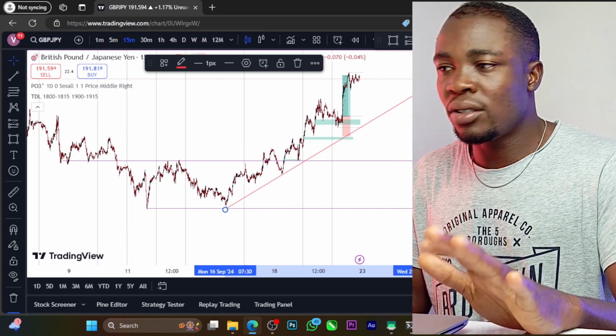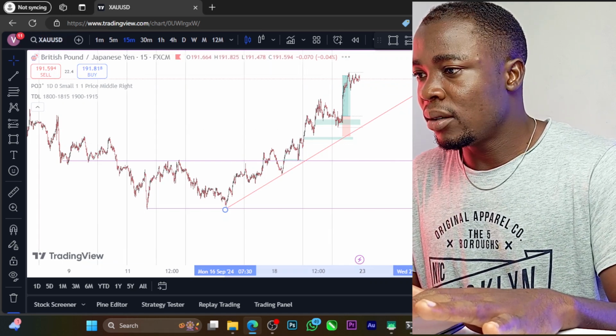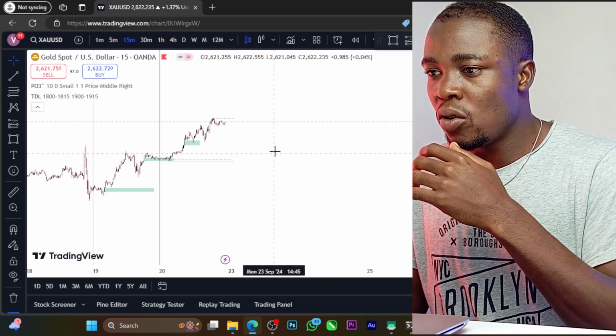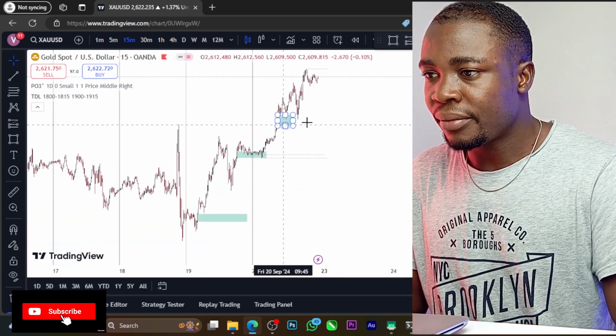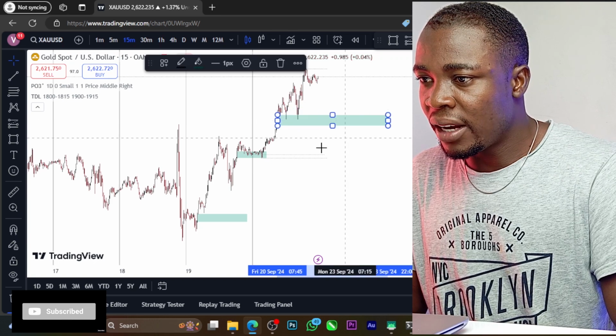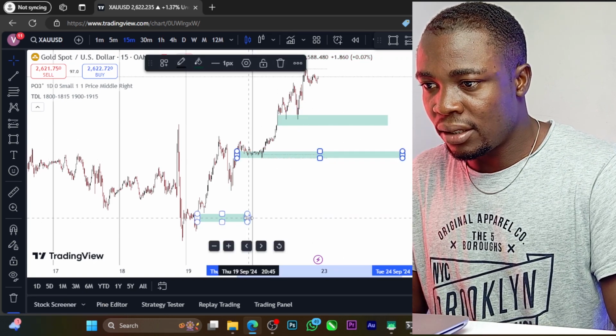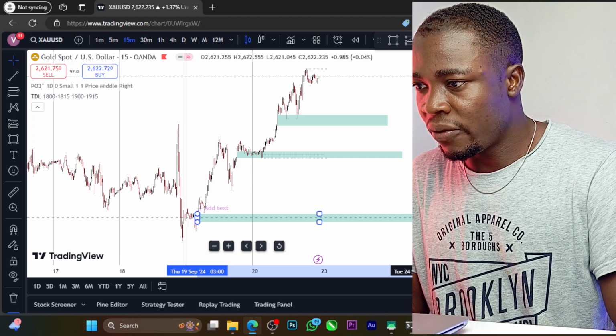So any instrument you are looking at, okay, this is gold. Gold, same thing. These are all fair value gaps that got balanced. If you just look at it, these were all fair value gaps.